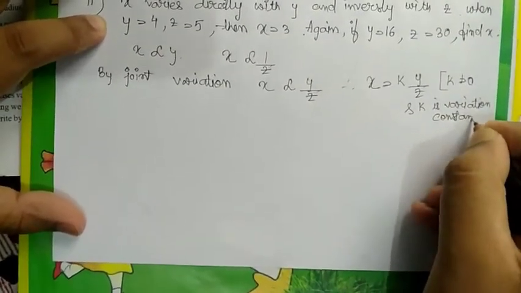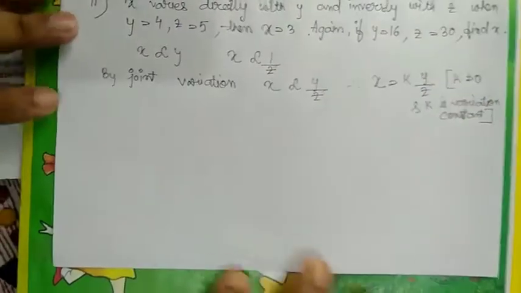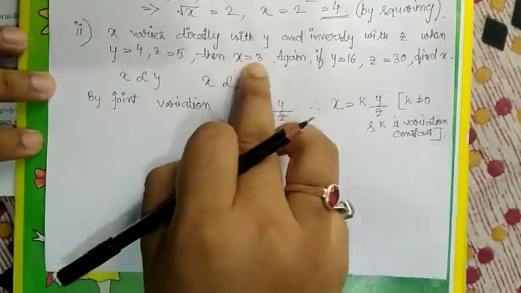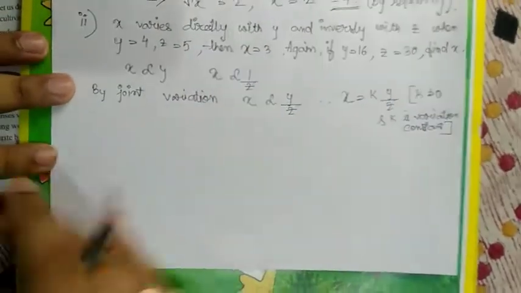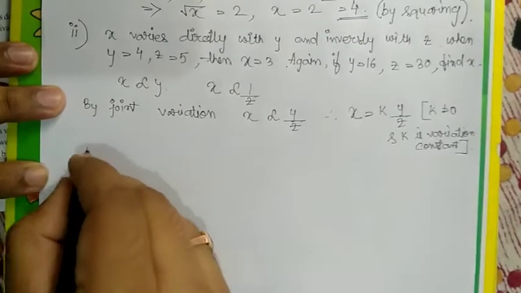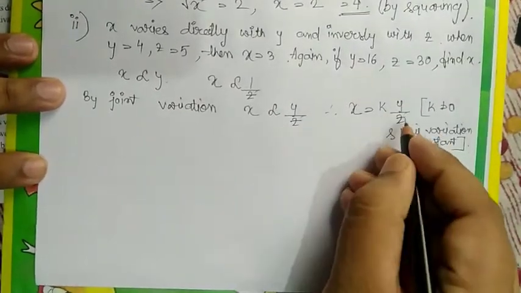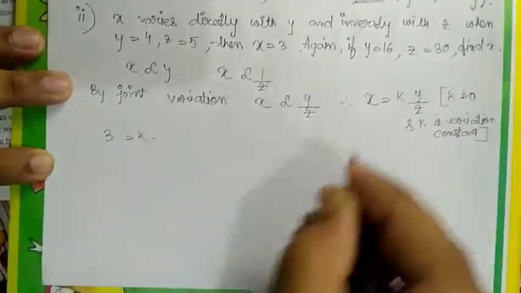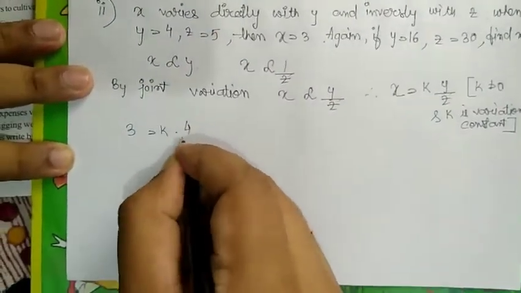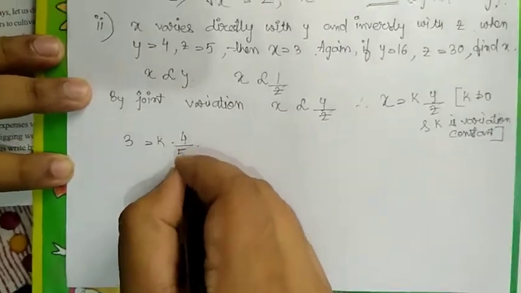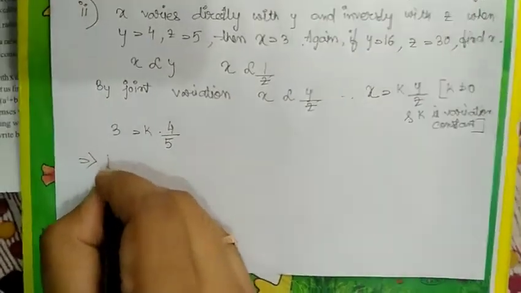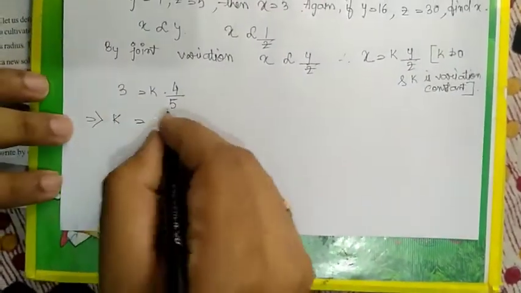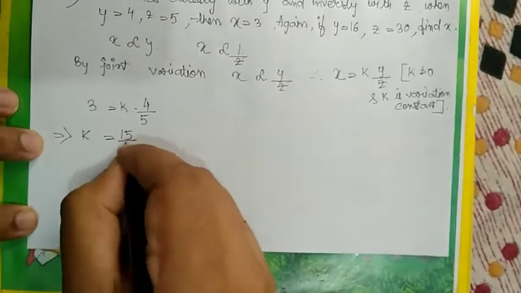Now first of all we have to find the value of k, and it is given when y equal to 4, z equal to 5 and x equal to 3. So putting those values in x equal to k y by z, the value of x is given as 3, value of y is given as 4 and value of z is given as 5. So therefore the value of k equal to 3 into 5, 15, 15 by 4.